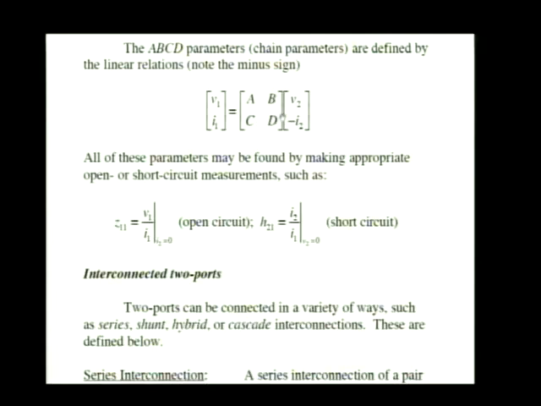And the coefficients of the two equations and two unknowns for the linear relationships here are the ABCD parameters written as the chain parameter matrix shown here.